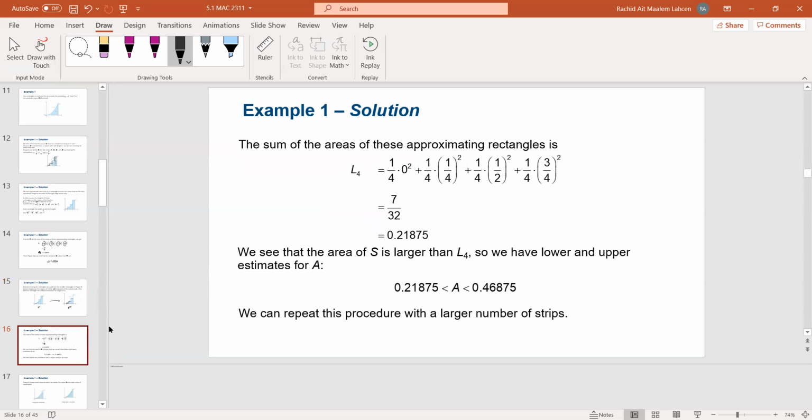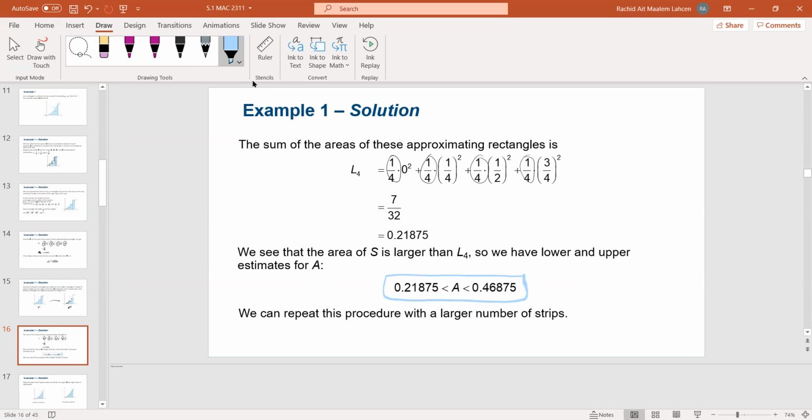So same thing, the width is the same. And we use the height, which is here the length or the height for these rectangles, 0, 1/4, 1/2, 3/4, and that gives us 0.21875.